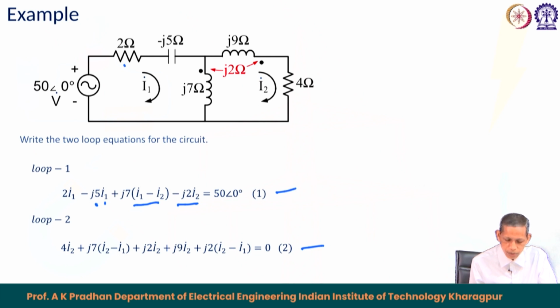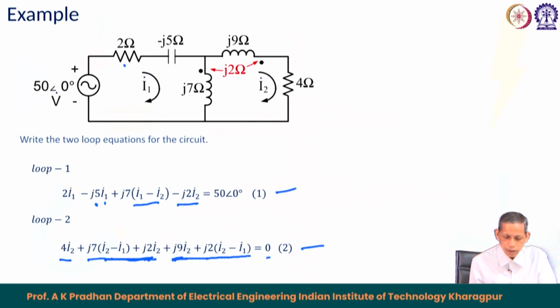In the second case, as we started, 4 I 2, J 7 times I 2 minus I 1, plus J 2 I 2, and plus J 9 I 2, this is the mutual part. This is a combination for the J 7 element and J 9 element: the self part is J 9 I 2 and the mutual part is J 2 times I 2 minus I 1, that equals 0.